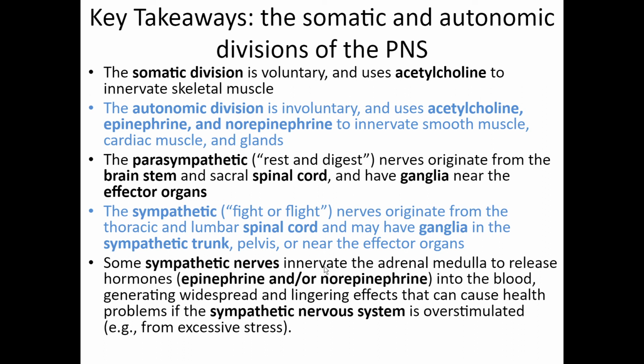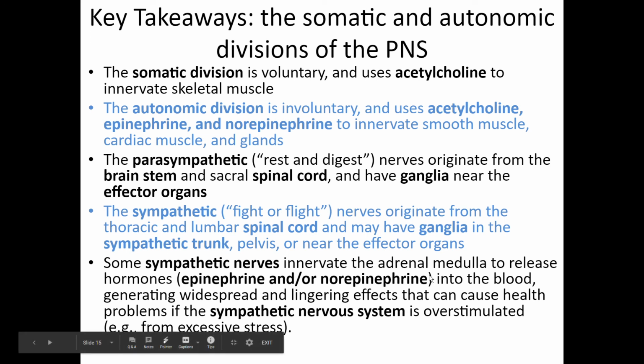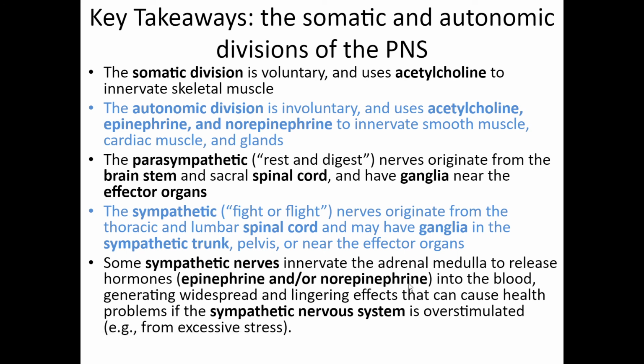Some sympathetic nerves innervate the adrenal medulla, which are those glands on top of your kidneys, to release the hormones epinephrine and norepinephrine. So that's adrenaline and noradrenaline. That can go into the blood, which then goes out to all of the parts of your body.